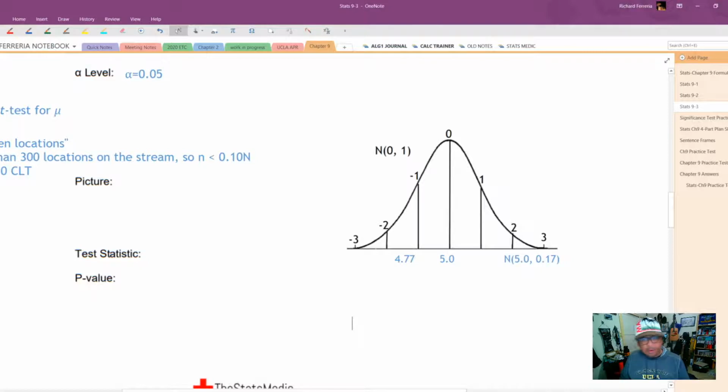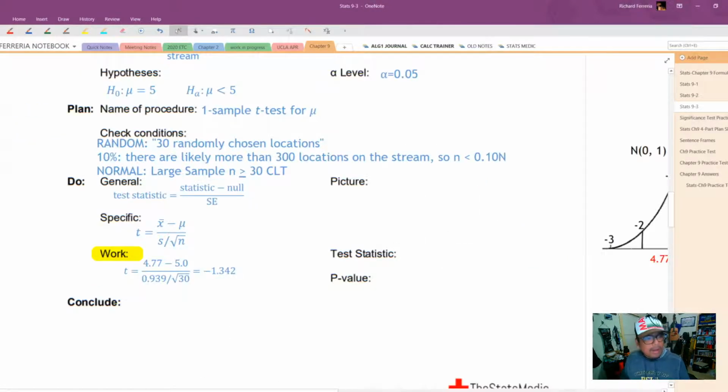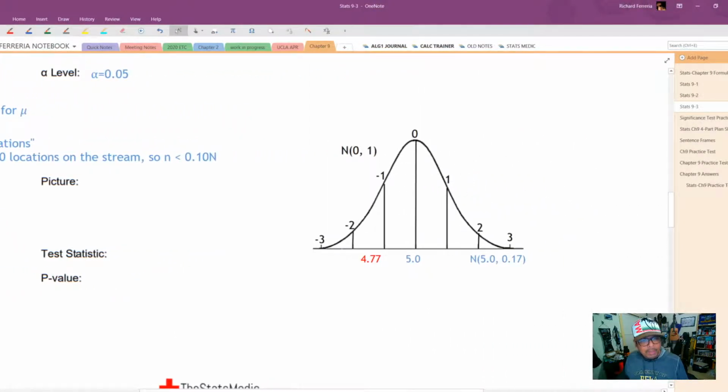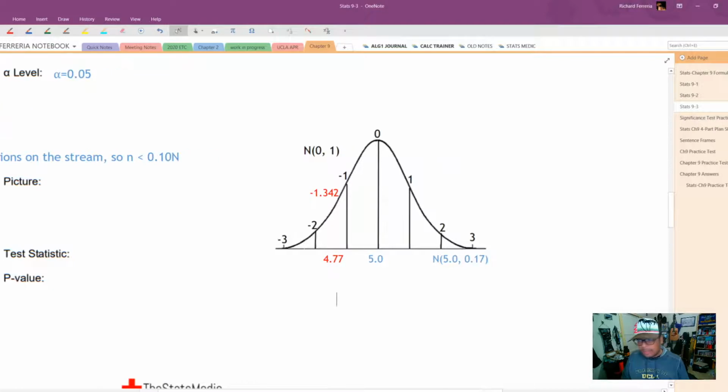Now, to figure out where to put that 4.77, you're probably going to have to compute the test statistic. So let's do that now. If you calculate that t, you're going to get negative 1.342, which gives you a place to put your 4.77, somewhere around 1.3. Your x bar and your test statistic should always be vertically aligned, right on top of each other.